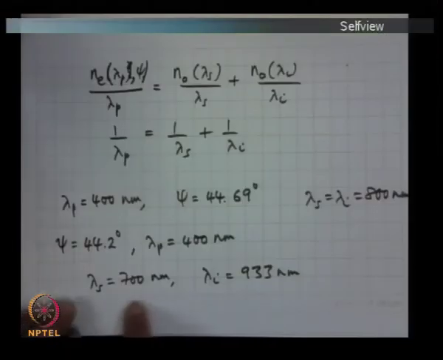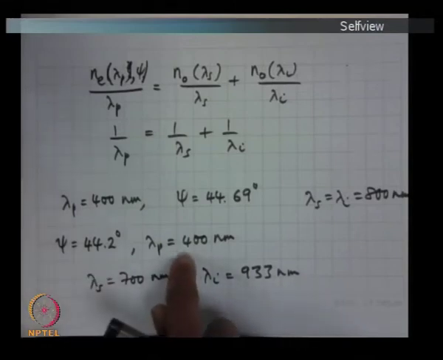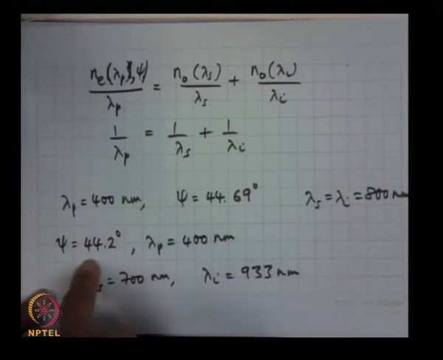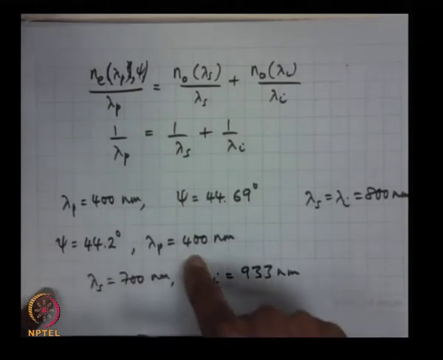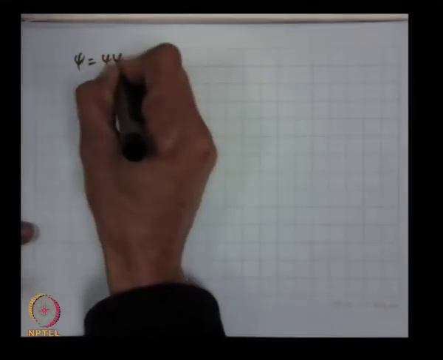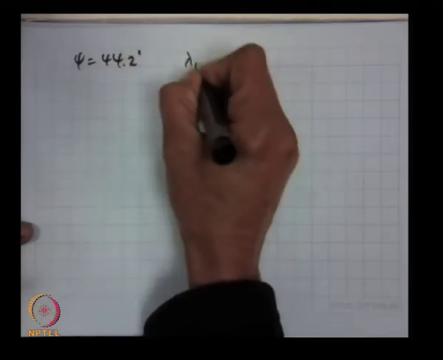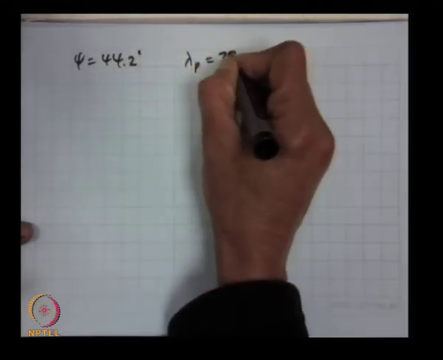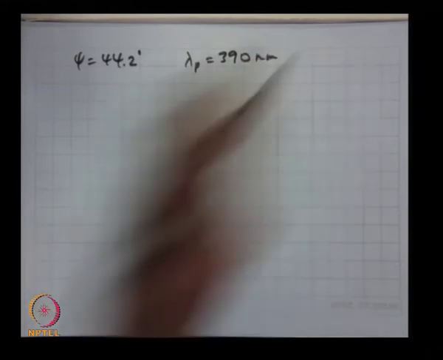Okay, so this is one interesting example where I can keep the pump wavelength fixed, change my angle of propagation, and tune. Now, suppose I keep this angle and change my pump wavelength. What's going to happen? Suppose I keep the angle at 44.2 degrees and change lambda p to 390 nanometers instead of 400 nanometers.